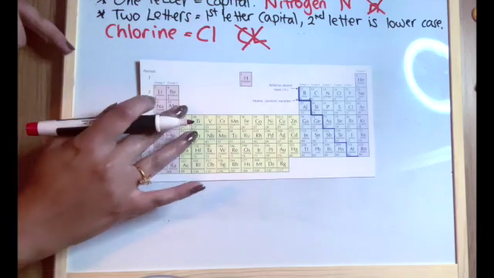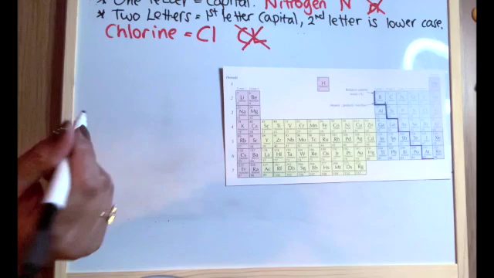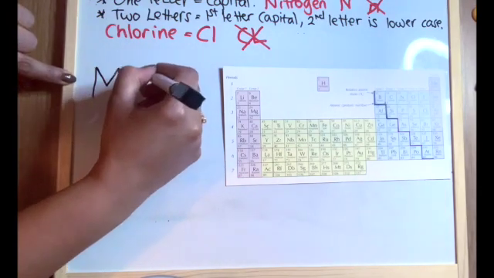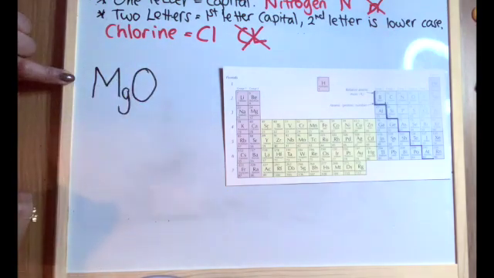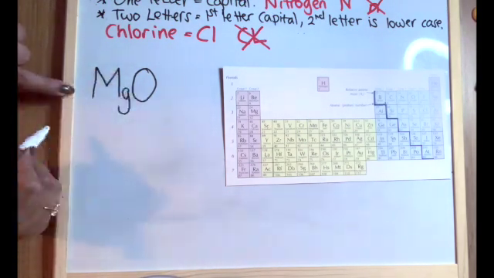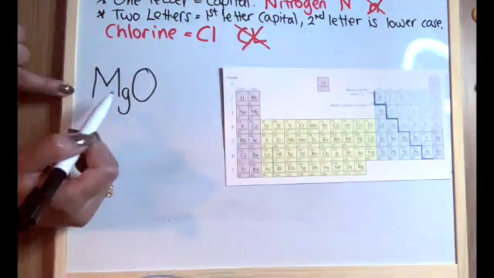So if I looked at, I'm going to use my black pen, magnesium oxide, we've got magnesium and oxygen, which makes magnesium oxide.